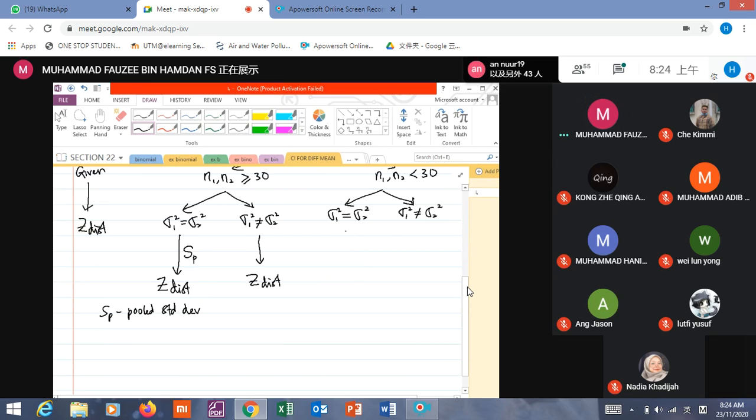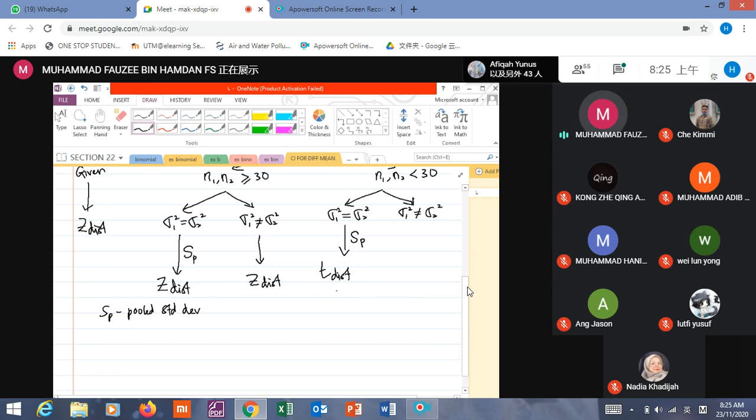So again, remember in your mind, if we assume the variances are equal, you need to calculate SP. But in this case, since the size of the sample is less than 30, you need to use the T distribution.